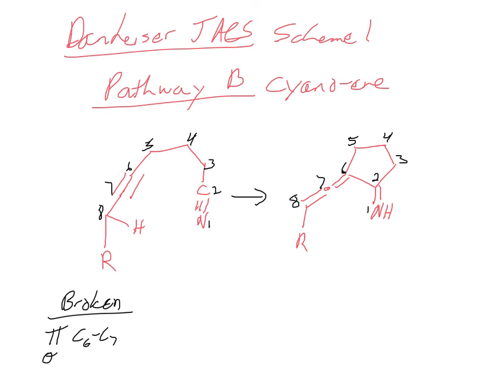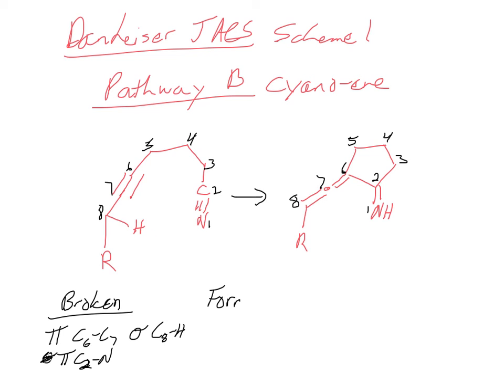Sigma bond between 2 and N? It's a pi bond. Yep. So I'm going to say pi bond between C2 and N. Sigma between C8 and H. I think that's all the ones we're breaking.